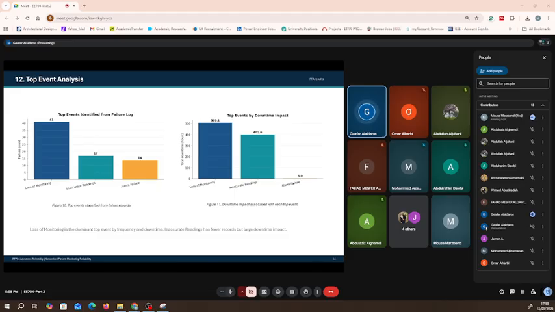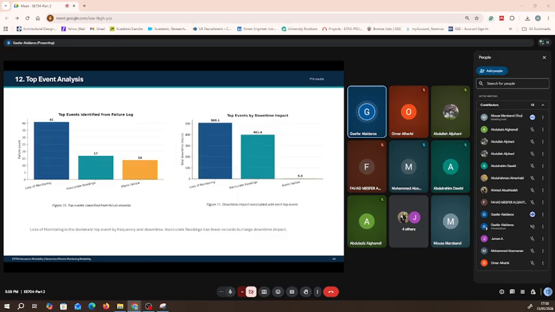This slide presents the top event analysis. The failure records were classified into three main top events: loss of monitoring, inaccurate readings, and alarm failure. Loss of monitoring was the dominant top event by frequency and downtime.